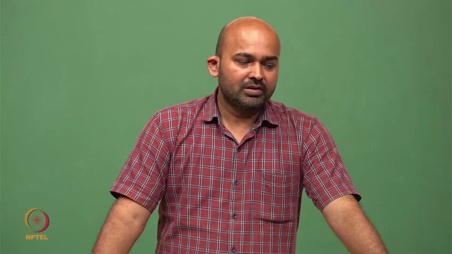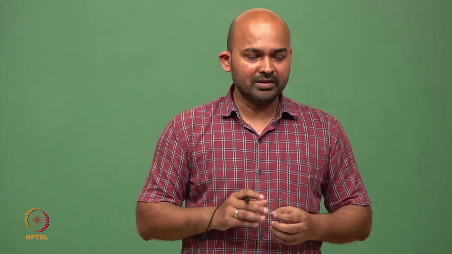Welcome to the course Transducers for Instrumentation. We are discussing thermal sensors, and in the last lectures we discussed electrical versus thermal parameters. There is a correlation between the electrical parameters and the thermal parameters.